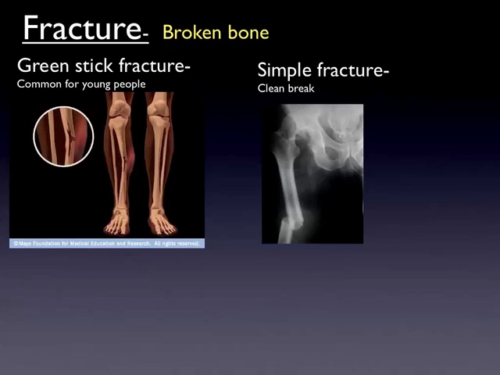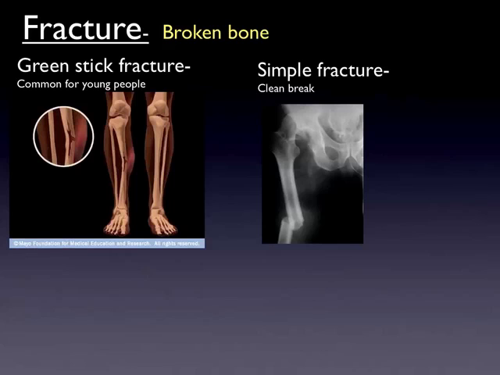If that's not possible, then they may have to surgically reset it. Sometimes with a bad fracture, they may have to use pins and so forth to hold the bones in place while it's healing. After it's set, then it can be casted.